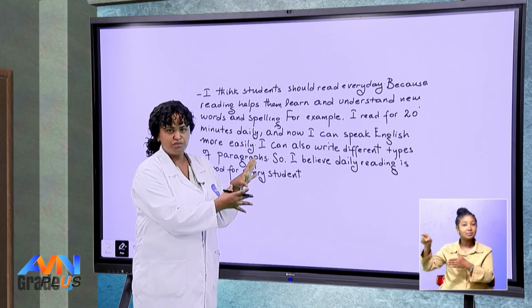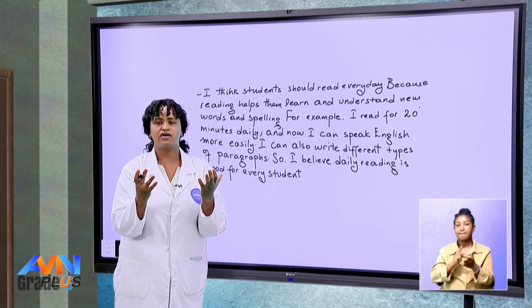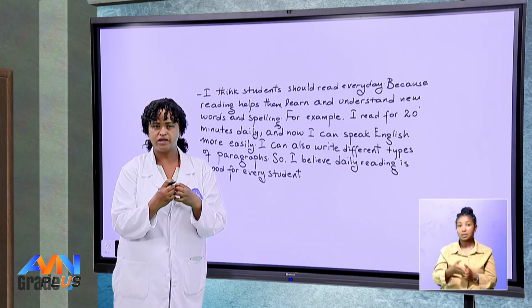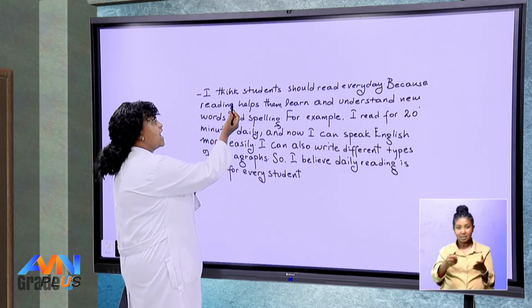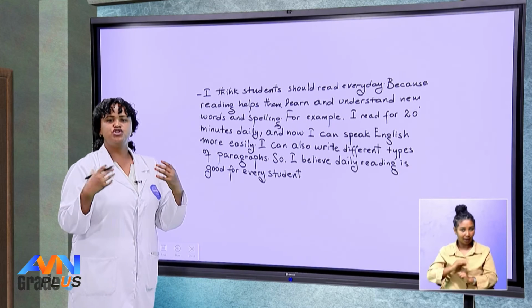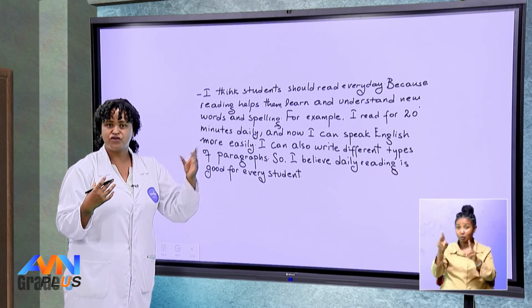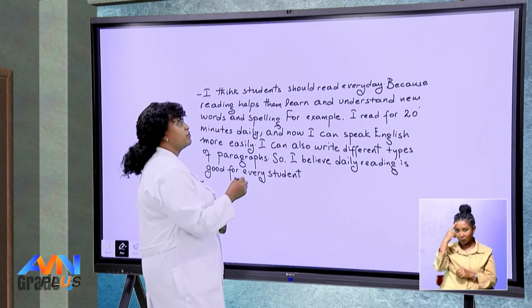This is a simple example of argumentative paragraph. Let us see if we have the components that I told you earlier. Okay, let us see the first sentence. It says what? I think students should read every day. Do you get the topic of the paragraph from this sentence? Yes, we do. Because it's talking about what?